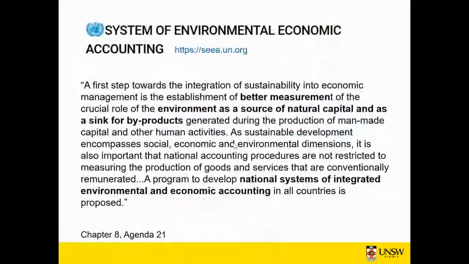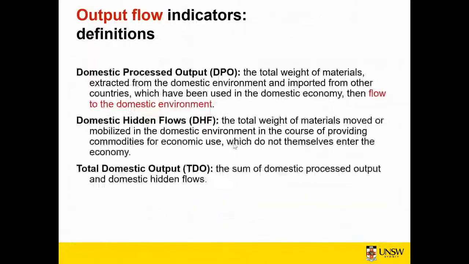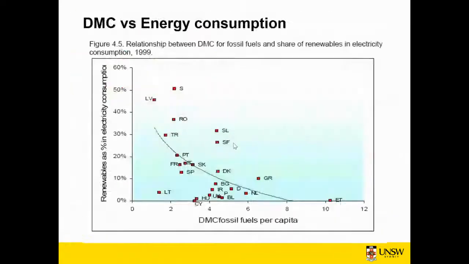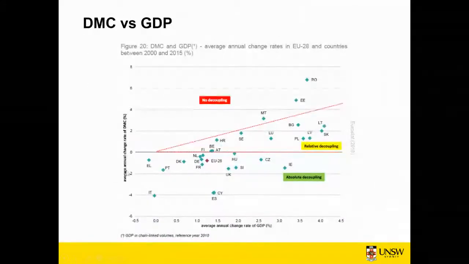Okay, so maybe I will come back to this slide here. Here we are looking at domestic consumption. We can look at the decoupling based on different indicators, okay? We could have a total material requirement.